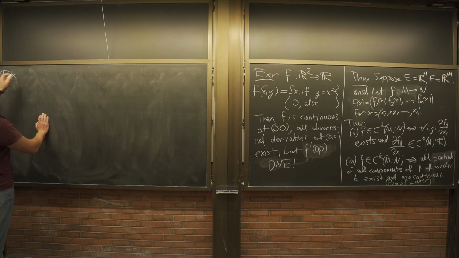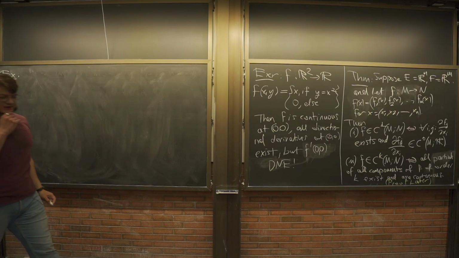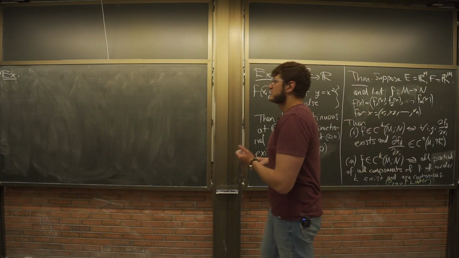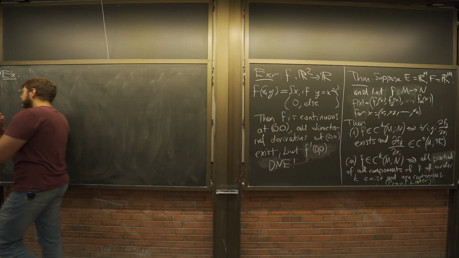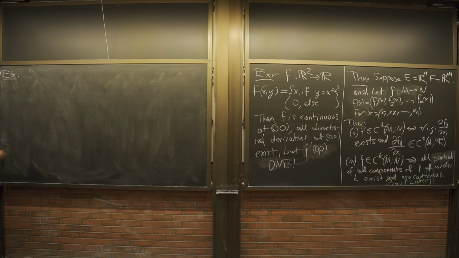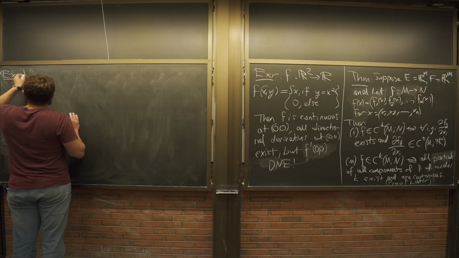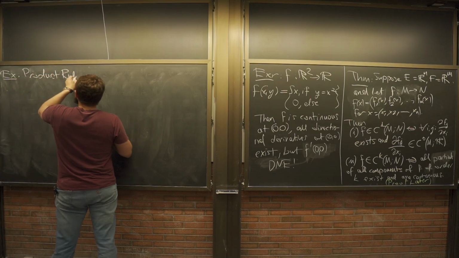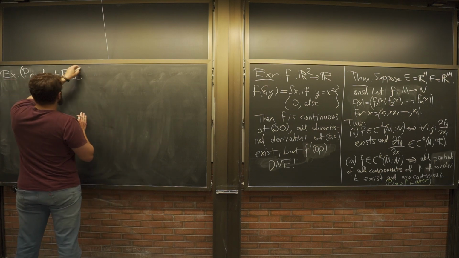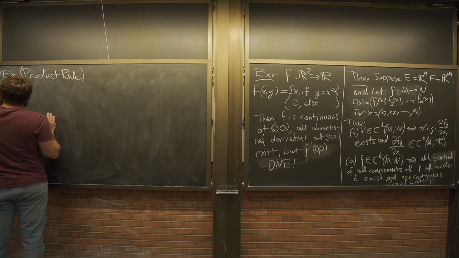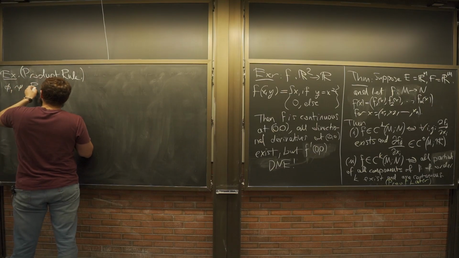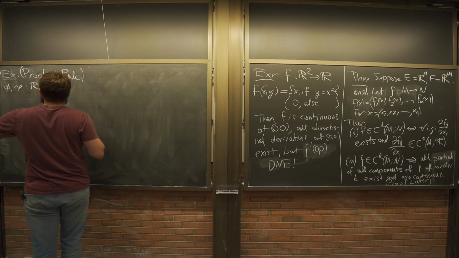We were working on the standard product rule for single variable functions, but we were trying to recover it using multivariable. And what was the setup? I have two functions, let's say phi and psi, from reals to itself, differentiable.